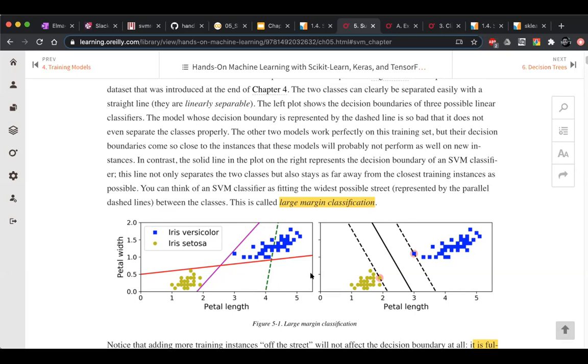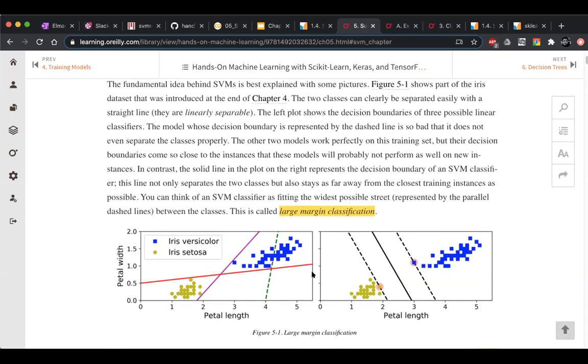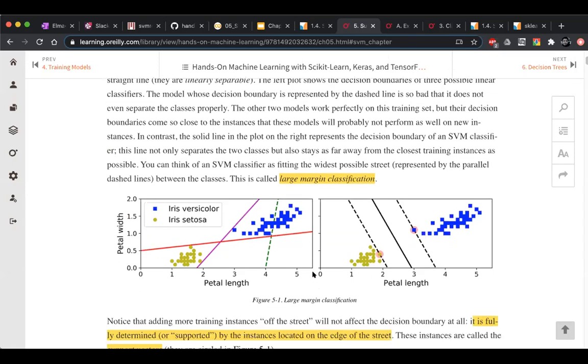And he's defining SVM as a strategy to place the largest street between two classes, in a way that not many instances violate the margins of that street. So we have two goals here: the largest street with less violation, and this is something that will help us fine-tune our models later on.